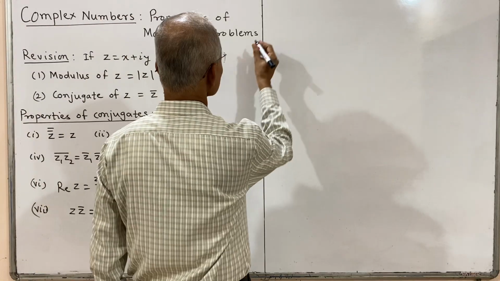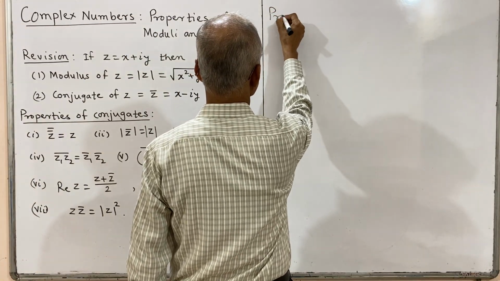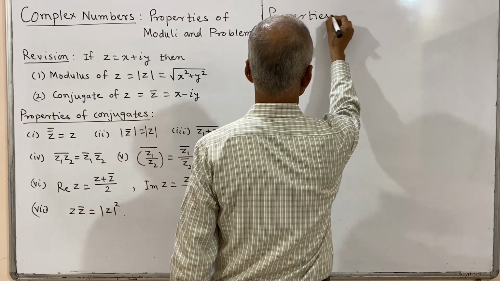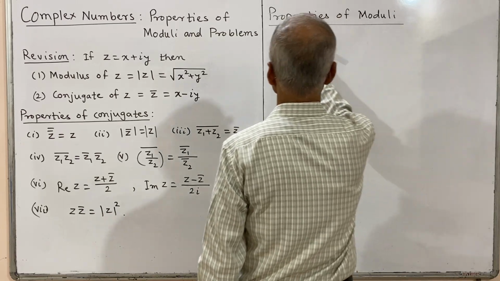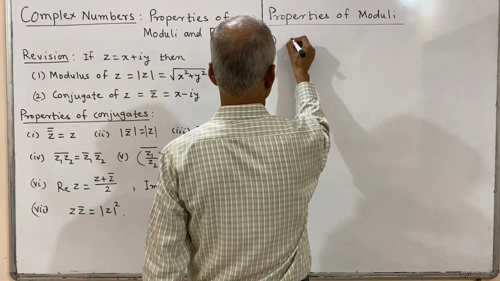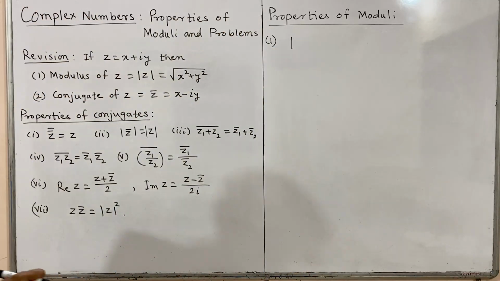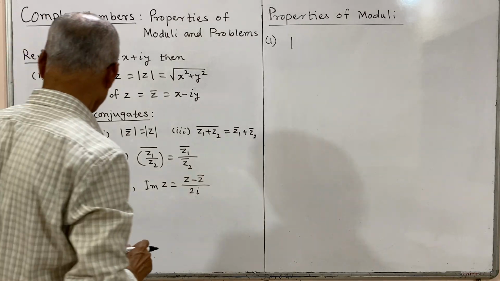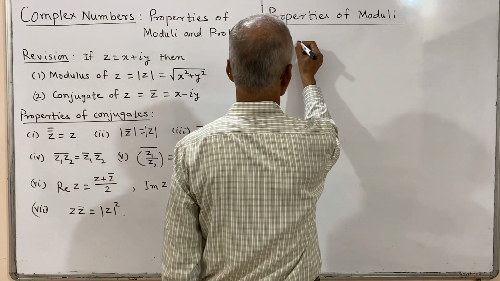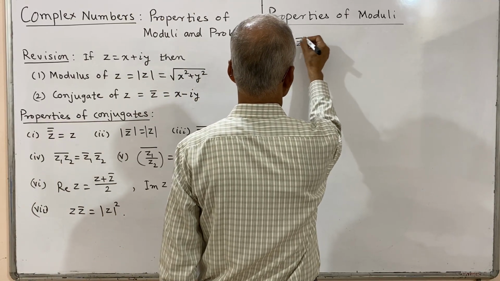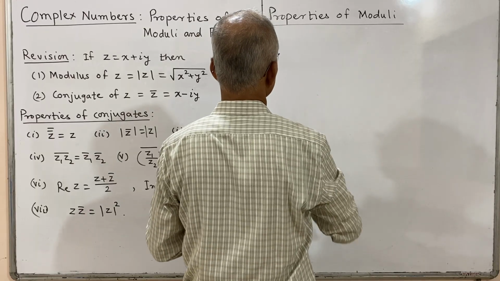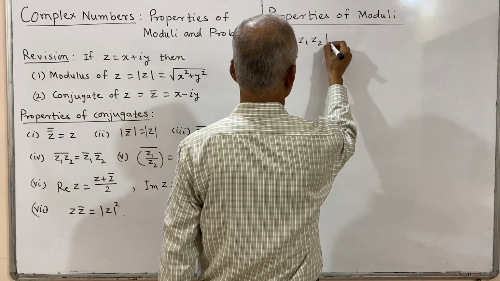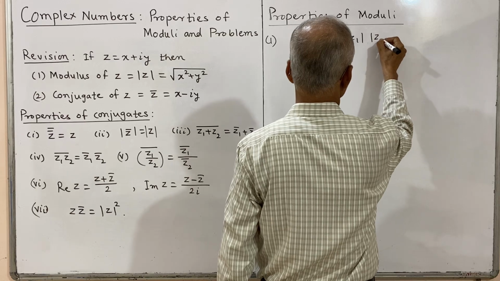Now we shall consider properties of moduli. The first property for moduli is mod of z1 z2 is equal to mod of z1 into mod of z2.